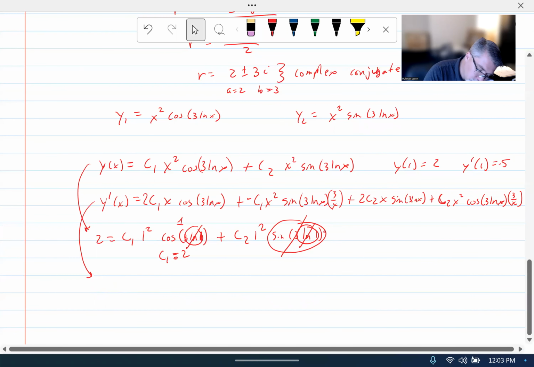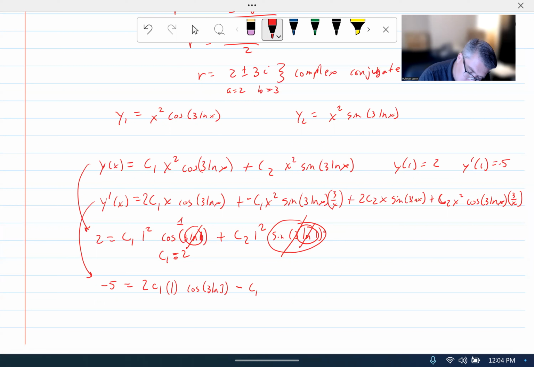So negative 5 is equal to 2 times C1 times 1 times the cosine of 3 times the natural log of 1, minus C1 times 1 squared times the sine of 3 times the natural log of 1 times 3 over 1, plus 2C2 times 1 times the sine of 3 times the natural log of 1, plus C2 times 1 squared times the cosine of 3 times the natural log of 1 times 3 over 1.